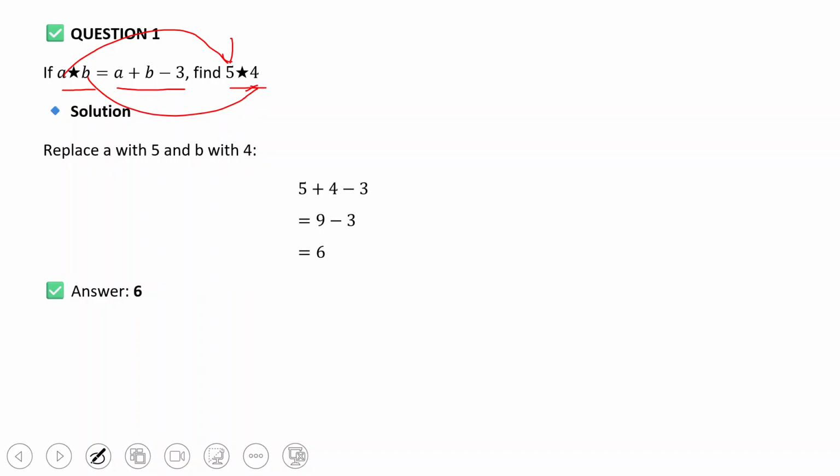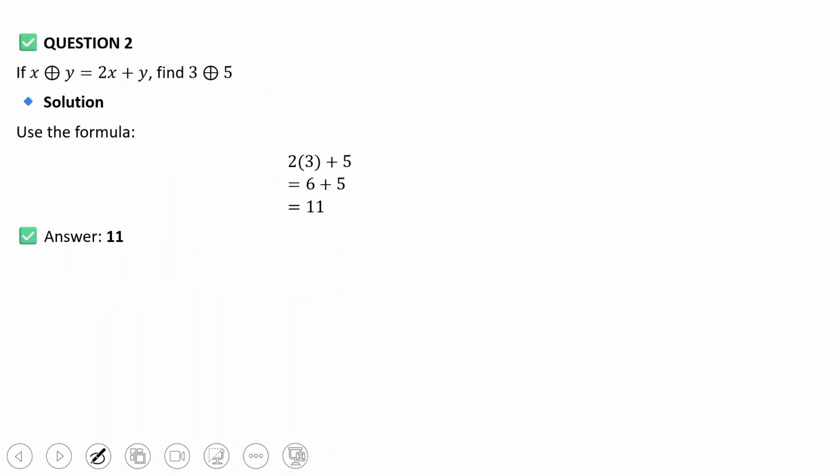So I'm going to put whatever I have as a and b defined here into this expression. Replace a with 5 and b with 4. So a plus b minus 3 becomes 5, because a is 5, plus 4, because b is 4, minus 3. When we compute, the answer is 6.